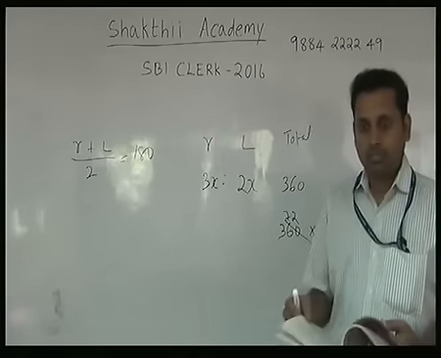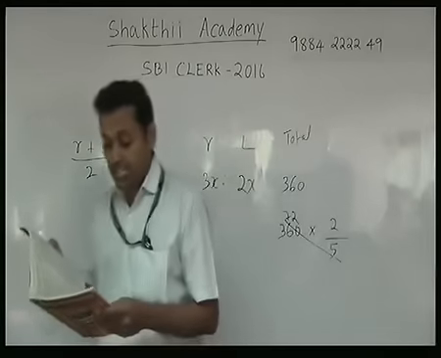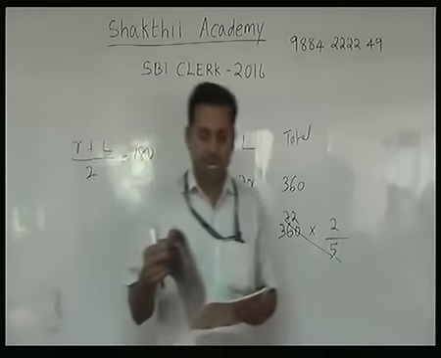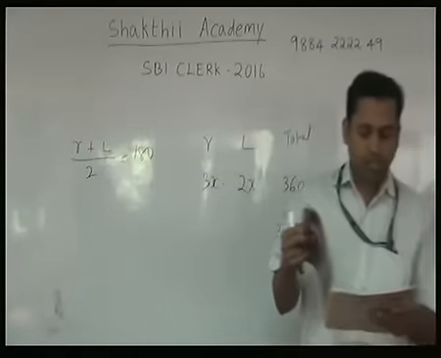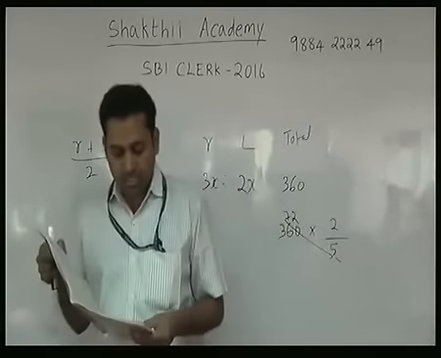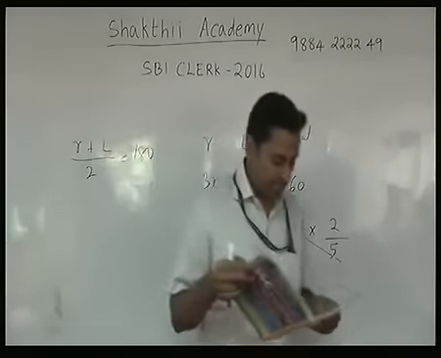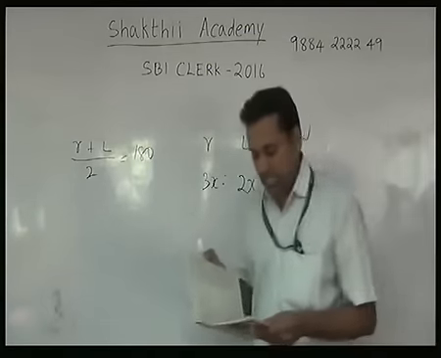You want me to repeat the question? I'll repeat the question. The number of students in Institute A and B were in the ratio of 7:15 in 2012. Full stop. In 2013, the number of students in Institute A increased by 25% and the number of students in Institute B increased by 26%.